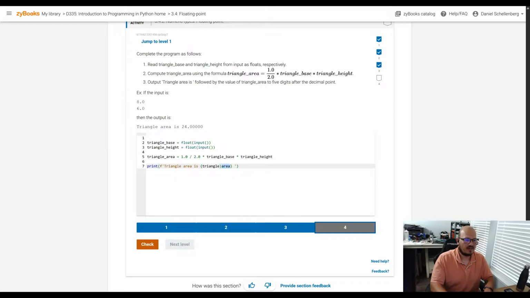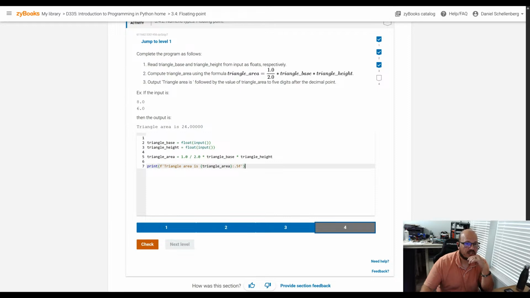How did I put that in there? Oh, I meant to do an underscore and it accidentally clicked that one. So triangle area to 5 digits after the decimal point.